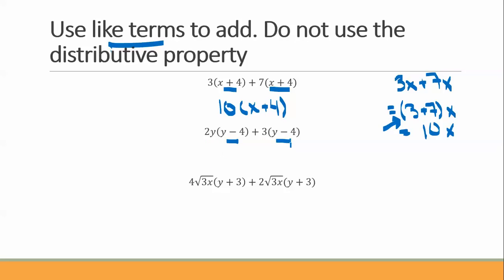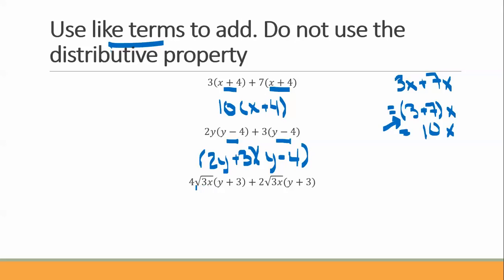We're going to take 2y plus 3. We're adding those two together. And then we have y minus 4. That's our like term. So we have 2y of this thing and 3 more of this thing. So we're doing 2y plus 3 times y minus 4.